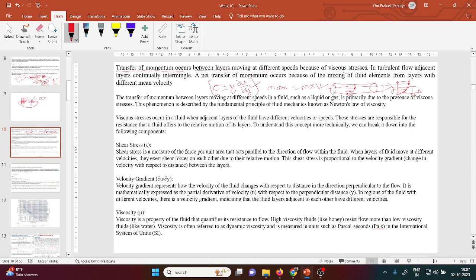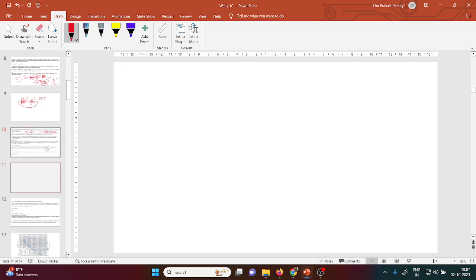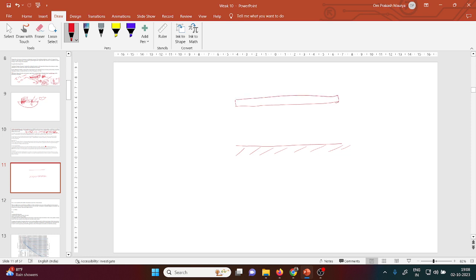No, no, actually, let me draw what you are talking about. There is a plate, fluid is there, and one plate in the upper, and it is moving with velocity v, and this is the stationary condition.